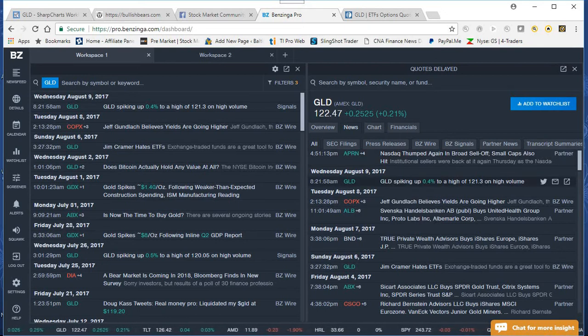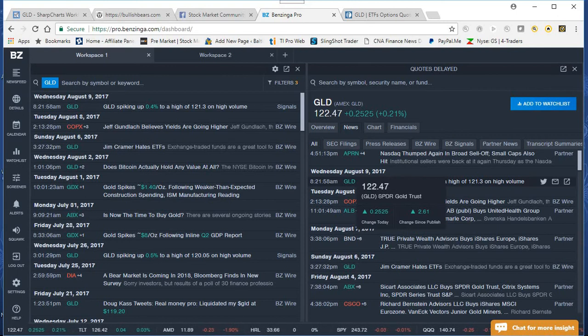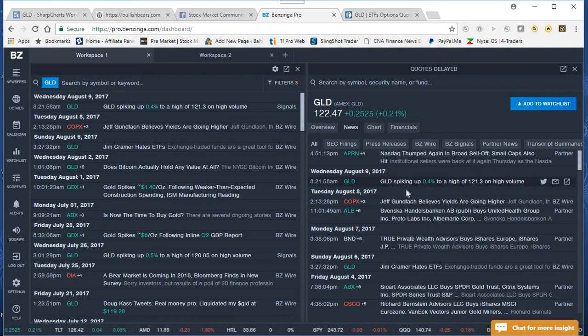This is right before the market opened yesterday morning, that gold was spiking. So you got that before the market even opened. It gives you some good information that you can use when the market opens, and then tells you the NASDAQ got thumped again in a broad sell-off. So it gives you good up-to-date information, off the top, in the beginning, before things actually get started.